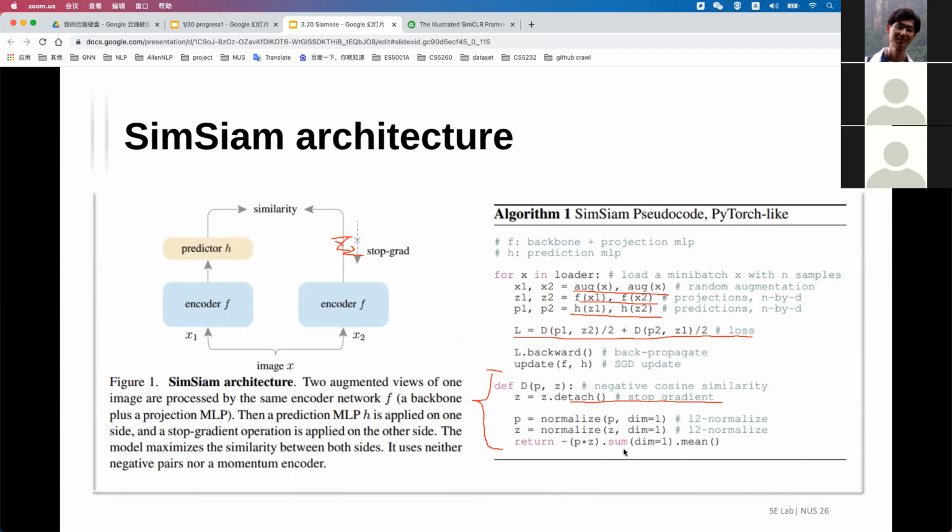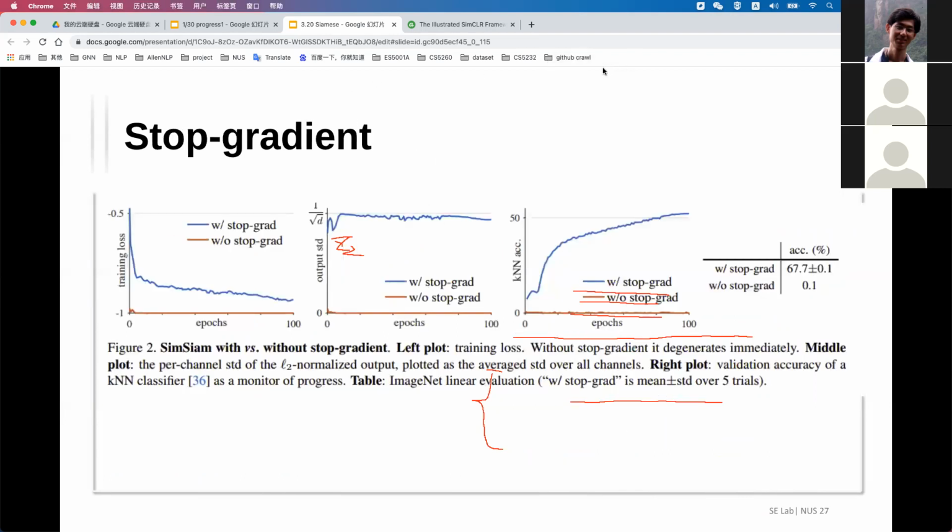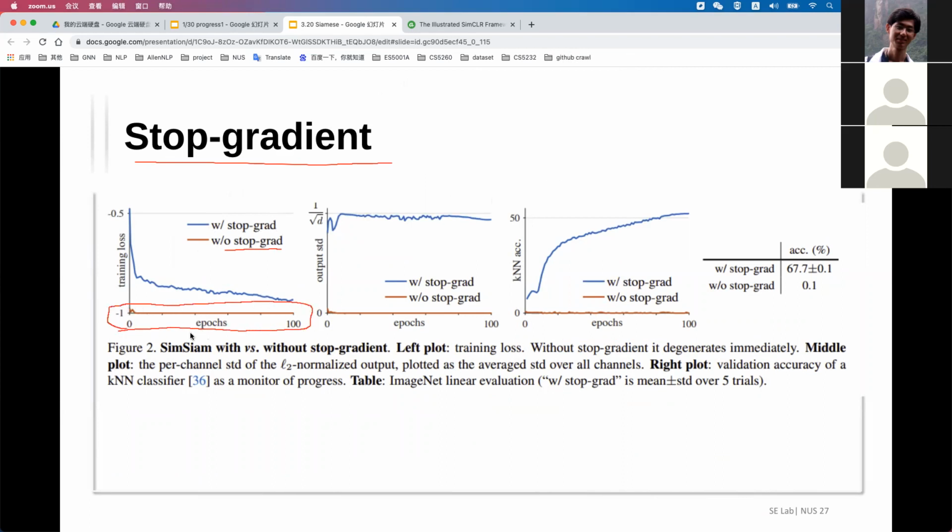Let's go through your takeaway about the paper. So I think we can skip the detailed architecture. So what's the point of this paper? Okay. After the experiment, it shows that stop gradient is important in the architecture. Without the stop gradient, the training loss will continue to go to -1 because it's just a model collapse.